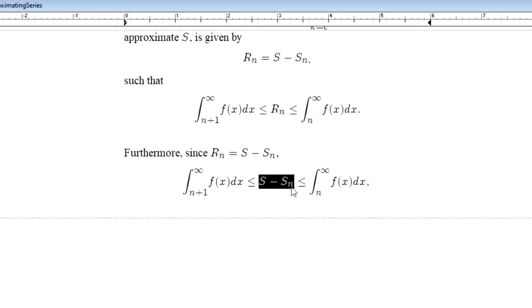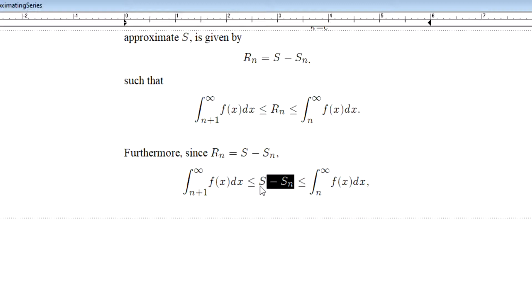How is that useful? Now we can use a little bit of algebra to make a statement about s. I can remove the quantity minus s sub n from the inside of this inequality by adding its value to all three parts.